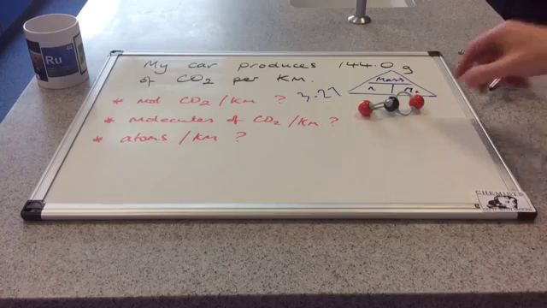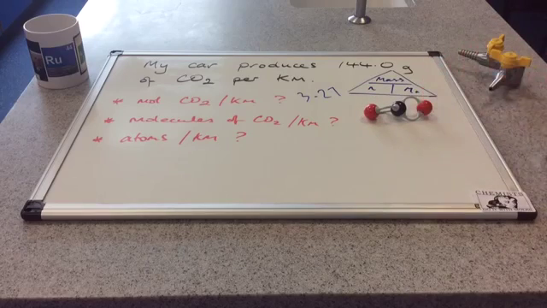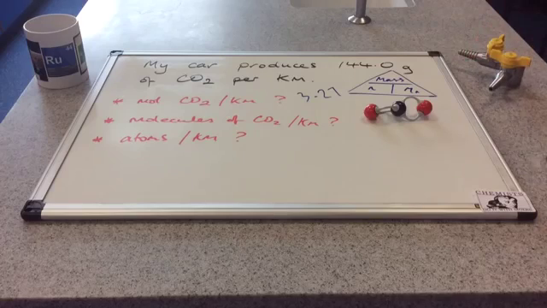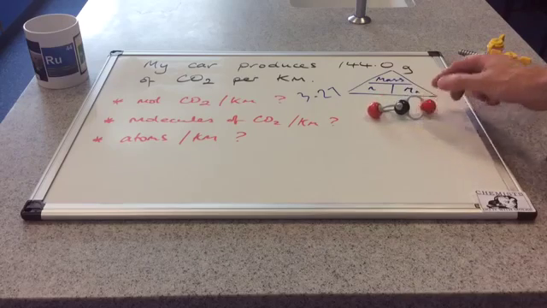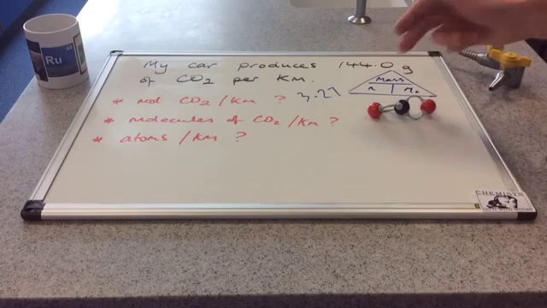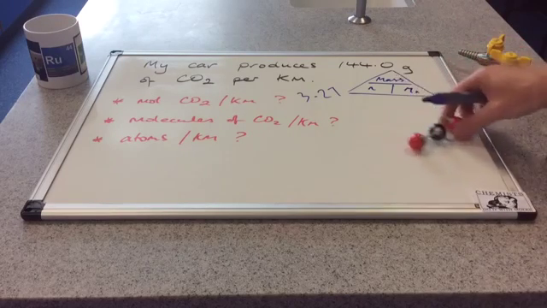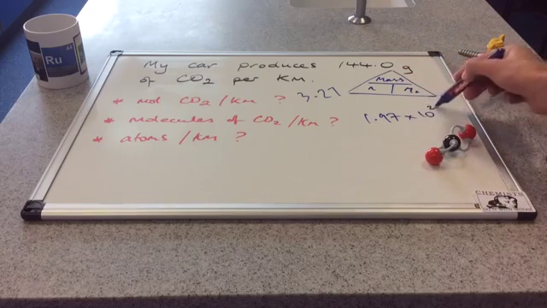How many molecules will we have coming out every kilometre? Well, we've made 3.27 moles. 1 mole equates to Avogadro's number of molecules. So we multiply the moles by Avogadro's number, and that comes out at 1.97 times 10 to the 24.